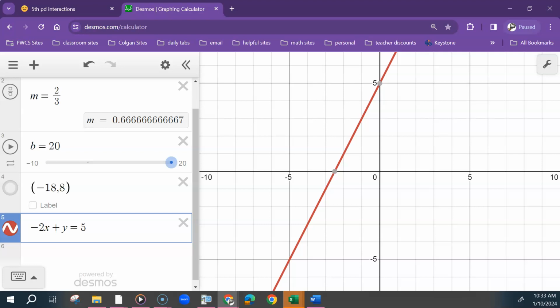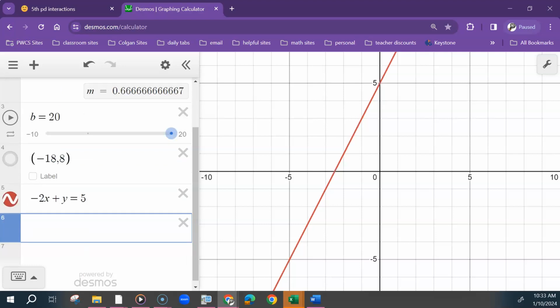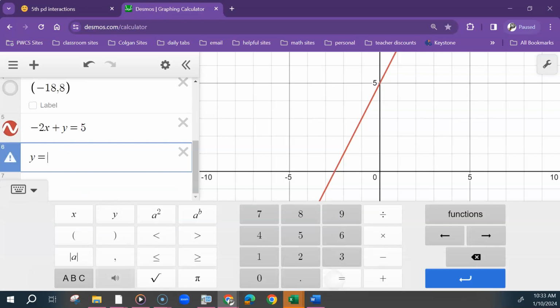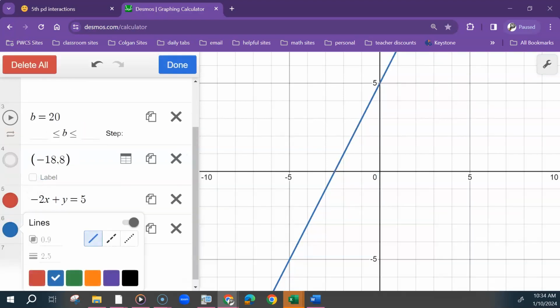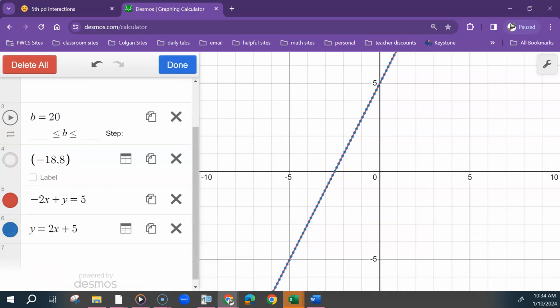So this would be 2x plus 5, and if I were to graph that, they should overlap. And that would be what you would do, and then you would write the equation and note that you did the work, or found it, in Desmos.